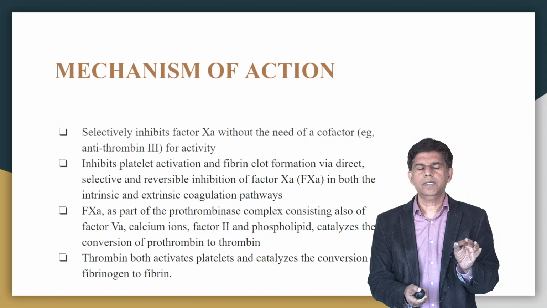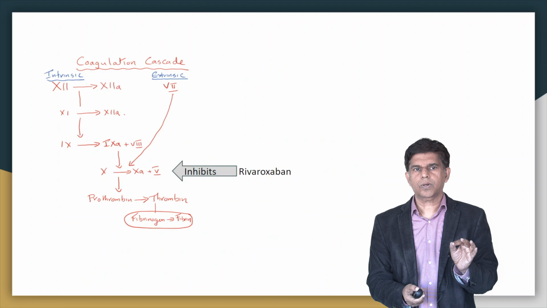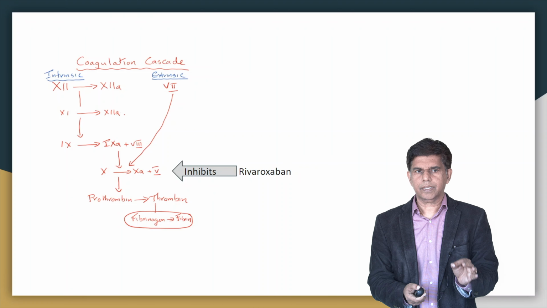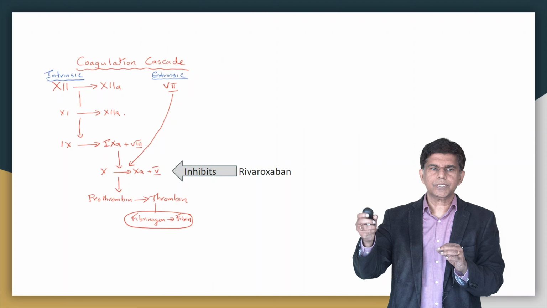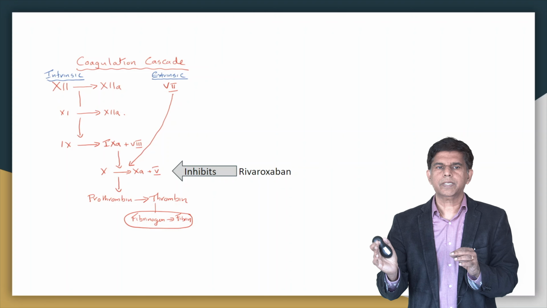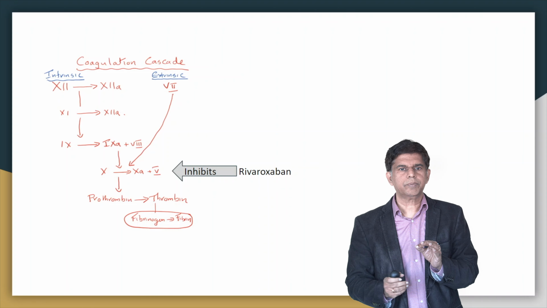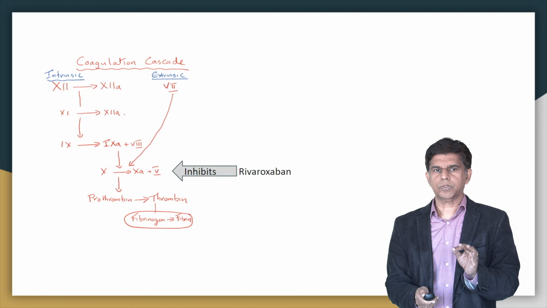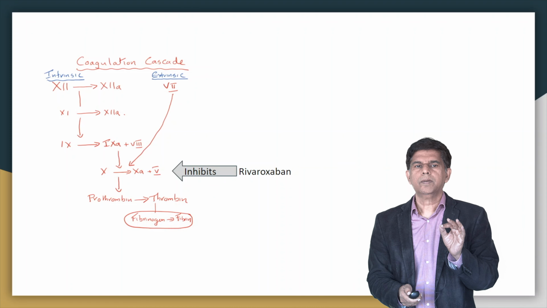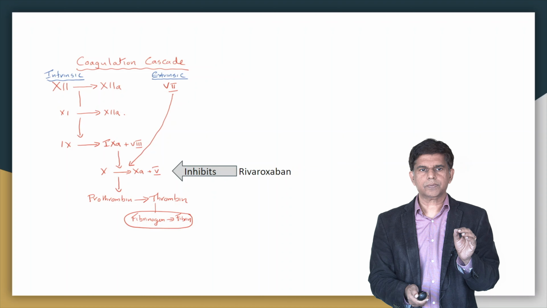We've got a nice picture. You have the intrinsic pathway: 12 to 12A, 11 to 11A, 9 to 9A, and then 10 to 10A. And you can see the extrinsic pathway is 7 coming and helping the 10 to 10A formation, and that's where Rivaroxaban works. So there is involvement of both the intrinsic and extrinsic pathway.